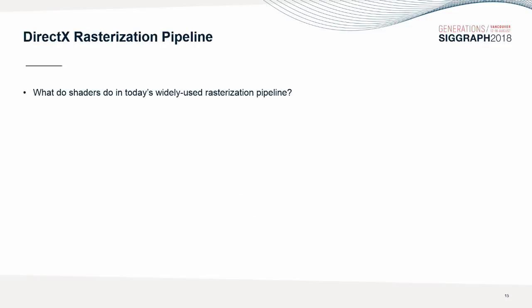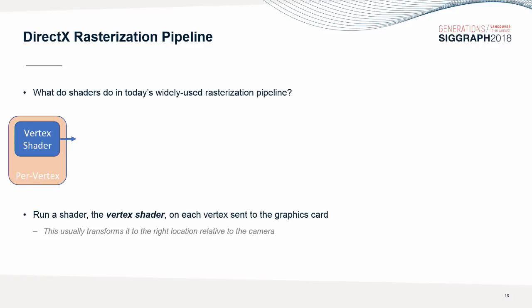Now, before I talk about the ray tracing pipeline, let me do a very brief overview of what DX raster looks like today. In rasterization, you send your geometry data, your vertex data, down from the CPU, and you run through a vertex shader, which you can think of as transforming it into the right relative location to the camera.